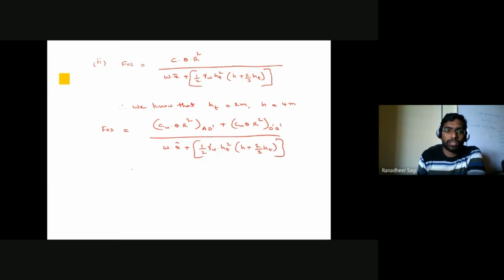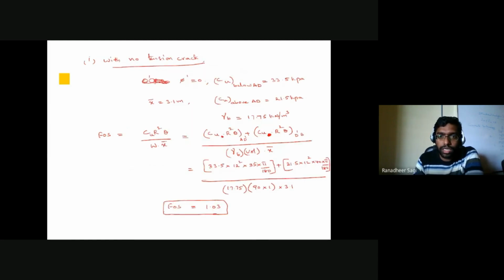This is my expression. So Cu for the region A to D dash was 33.5 into the theta value for the region A to D dash, which was 35 degrees. Let me put it as degrees.